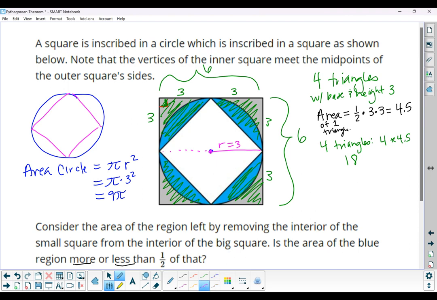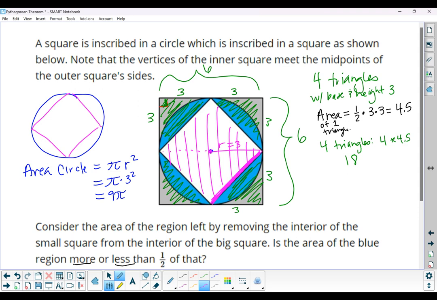We need to subtract the area of this pink square from that. So if we subtract that area of the pink square, we'll get just those blue wedges. So in order to calculate the area of that square, we need to know how long the hypotenuse of one of these little green triangles is.